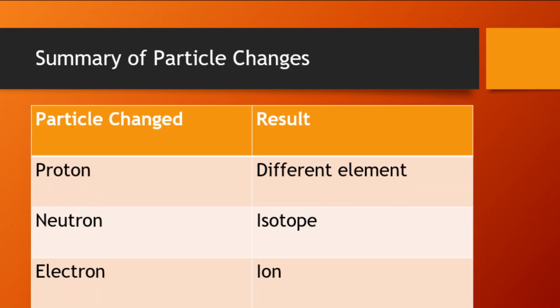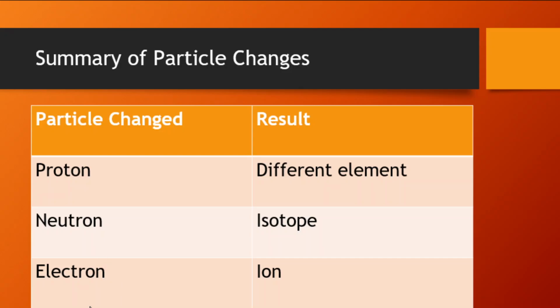The result that you get when changing protons, you now have a different element on the periodic table. If you change the number of neutrons, okay, so you add or remove neutrons from the nucleus, but you keep the protons and electrons the same, you end up with a different isotope of the same element.